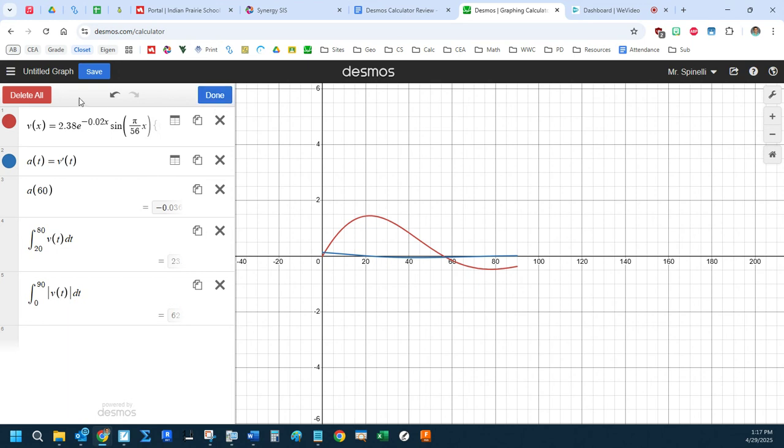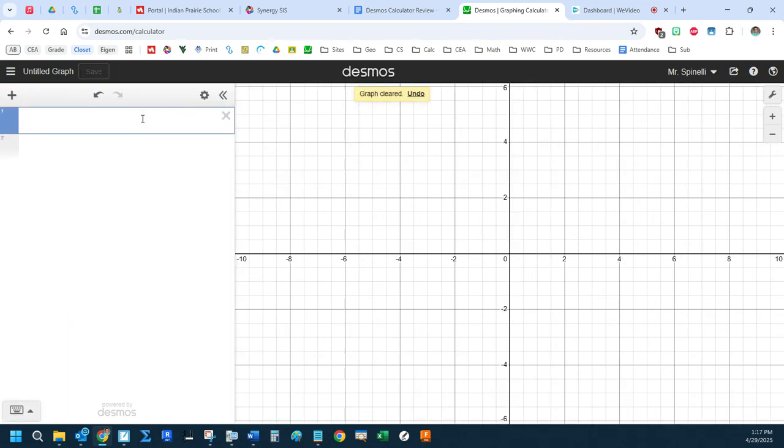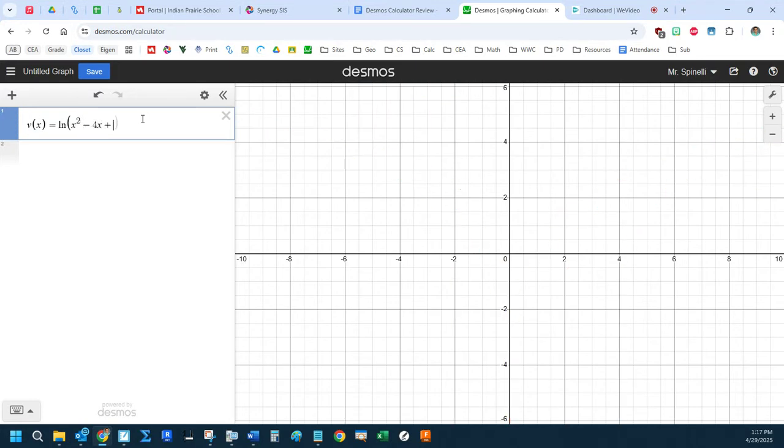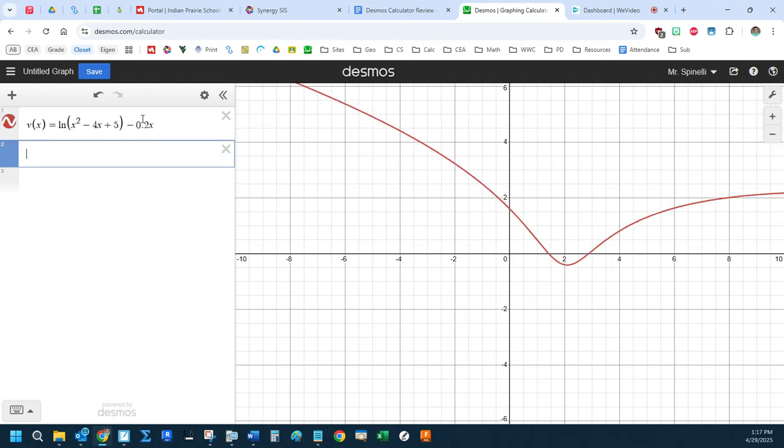Part C asks us to find a position at a given time. So they gave me the position was given by this function. They always give us unnecessarily complicated things to type in so we can mess up. So they told me x of 1 equals negative 3, and they want me to find the position at 4. So this is just me typing what I need to do.